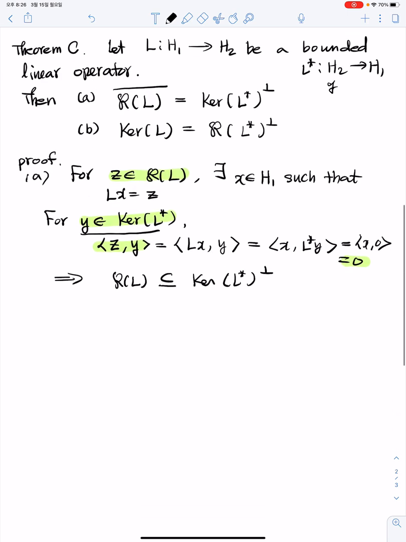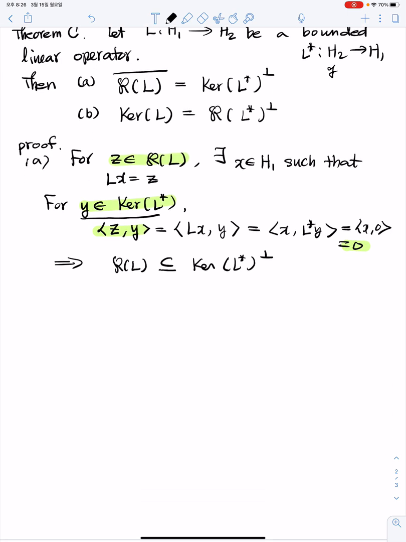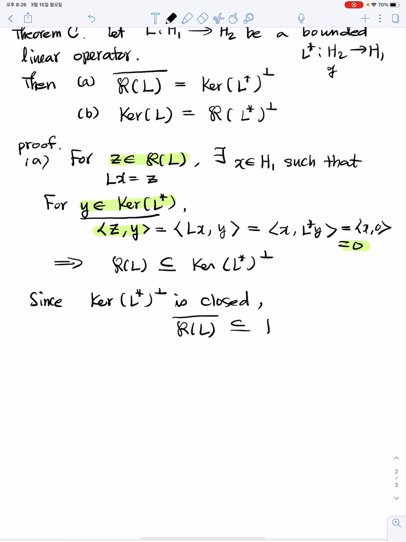Yeah. And you will see this kernel of L star orthogonal is closed. This is a closed subspace. So that implies the closure of the range of L is a subspace of the kernel of L star orthogonal.